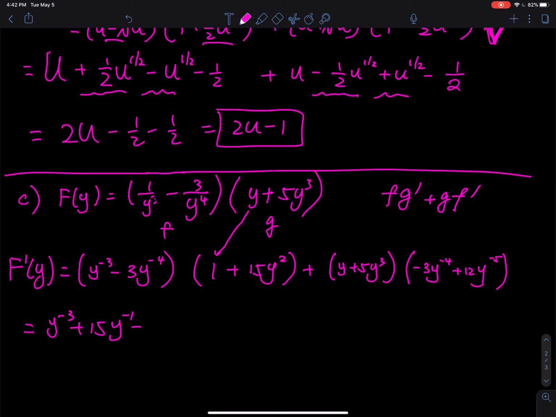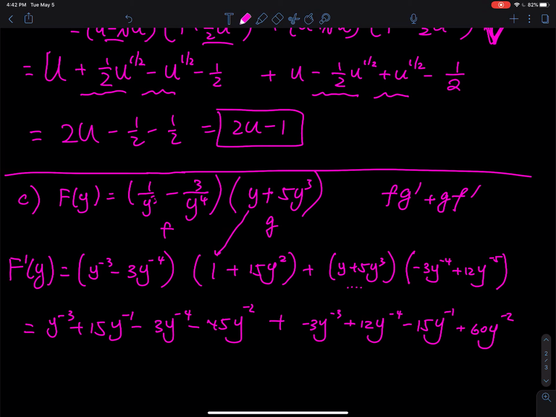And then minus 3y to the negative 4, and then minus 45 y to the negative 2, and then plus right here, so negative 3 y to the negative 3, and then plus 12 y to the negative 4, and then minus 15 y to the 3 minus 4 is negative 1, and then plus 60, 3 minus 5 is negative 2.